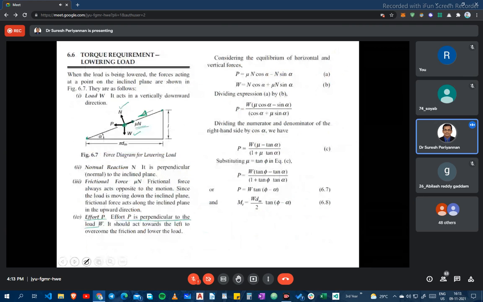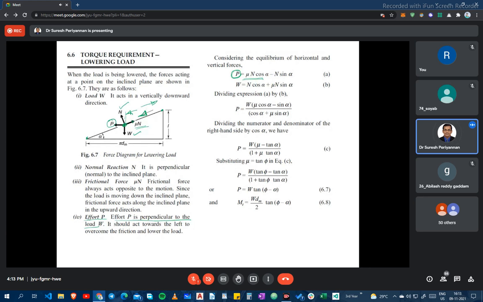Now here, mu n cos alpha. Using that earlier right-angled triangle concept, the horizontal force P is equal to mu n cos alpha minus n sin alpha. Here mu n is acting upward.